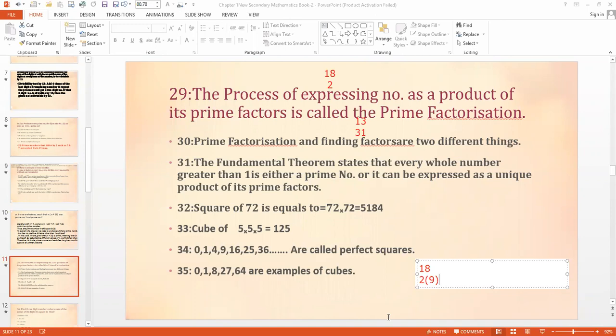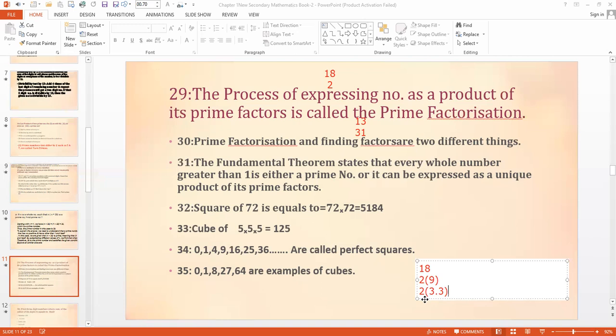Now 2 is a prime number, so we leave it. And 9 is the multiple of which two numbers? 3 into 3. So all these, 2, 3 and 3, are the prime factors. In this procedure, first I multiply 18 as 2 into 9. Further, I express this 9 as 3 into 3. In the end result, I get 2, 3 and 3.